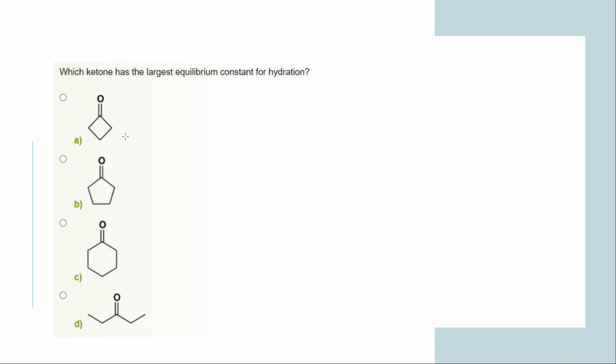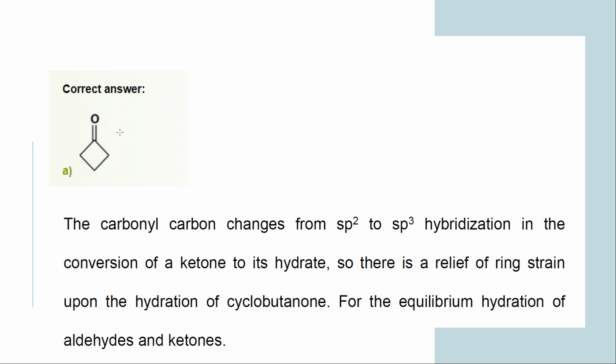So when you compare options A, B and C, A will be the most reactive one towards hydration, so that it can easily release its ring strain. Option A will be the correct answer for this question.